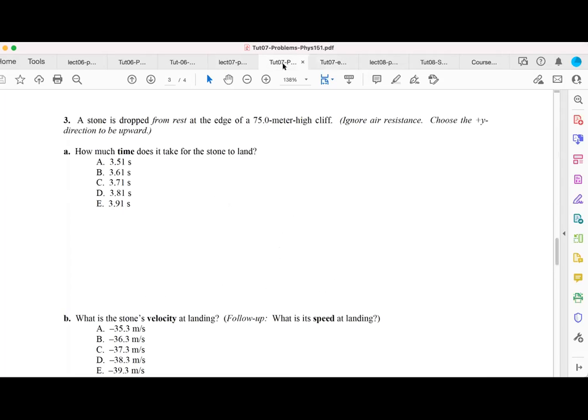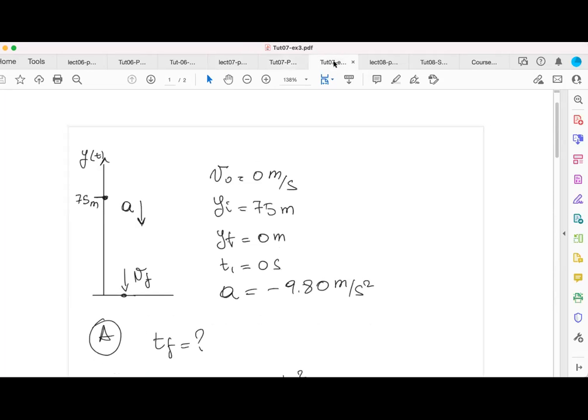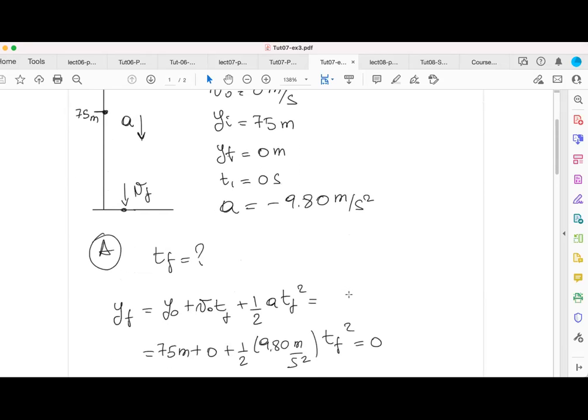It wants to know how much time it takes for the stone to land. The stone has landed when you get to the bottom of the cliff, which is 0. So y final is 0 meters. Initial time, we assume, is 0. The acceleration, you just draw it like this, is minus 9.80 meters per second squared.